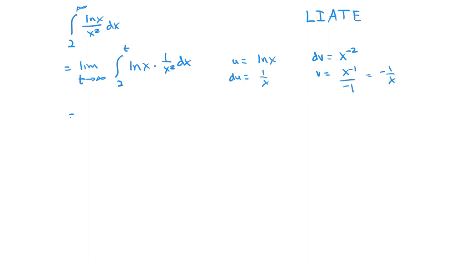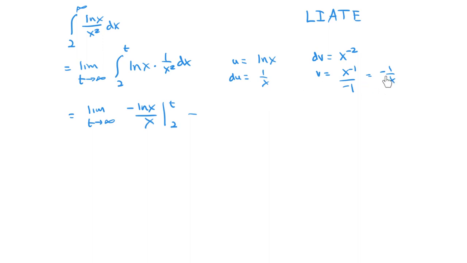So then this is equal to the limit as t approaches infinity, and if you remember, we multiply crossways here, so we have -1 over x times the natural log of x, which looks like this. We integrate that from 2 to t, and then we have minus this integral.